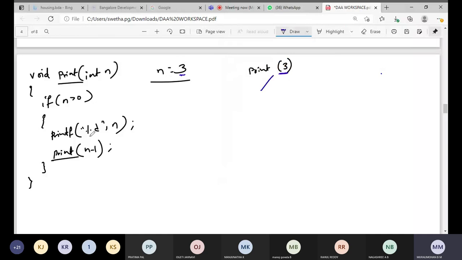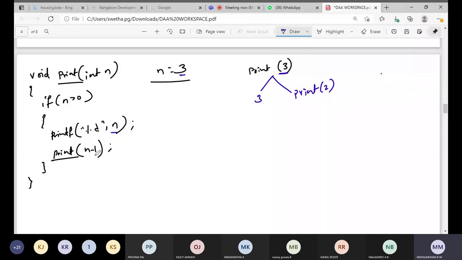Now here you just see, it will check if n is greater than 0. If n is greater than 0, what will it do? It will go here and print 3, right? Next it is calling print of n minus 1, which means print of 2.